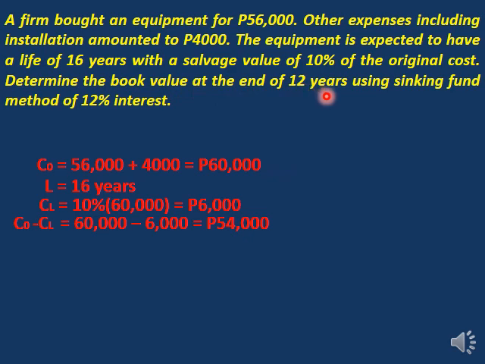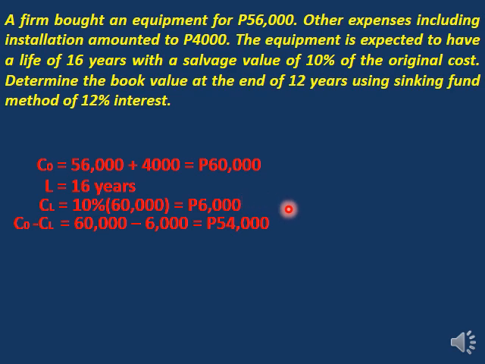So using sinking fund method of depreciation, we assume that at the end of the 16th year, we must be able to produce another 54,000 pesos. We produce 54,000 pesos and then we sell the equipment as scrap for 6,000 pesos.